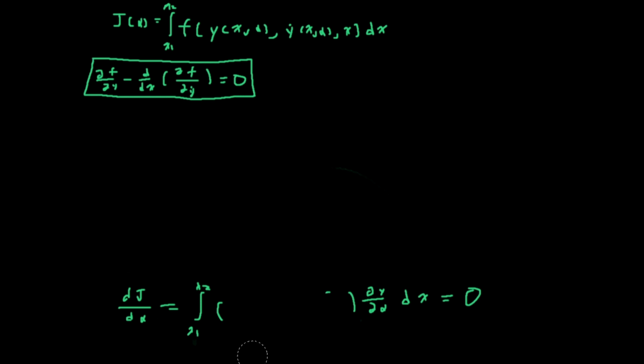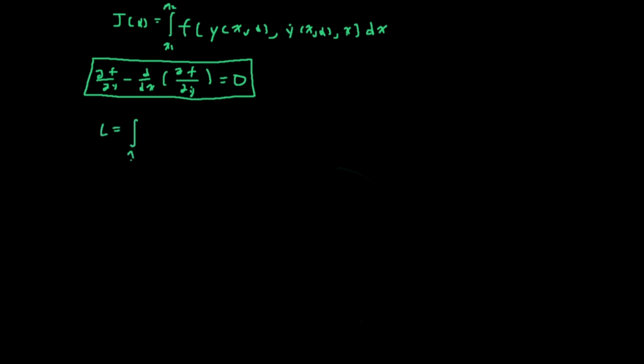And the way that we can apply this to our length equation, we have L equals the integral from x1 to x2 of the square root of 1 plus y prime squared dx. We want to minimize this length. So we can say that our f, as a function of y prime and x, is just the integrand. So f equals the square root of 1 plus y prime squared.